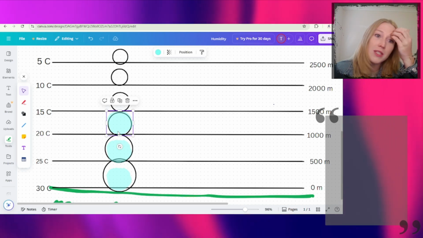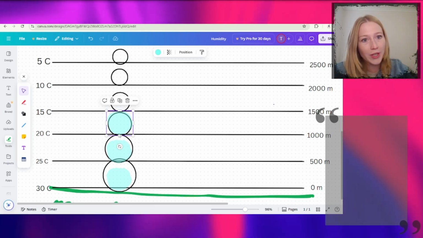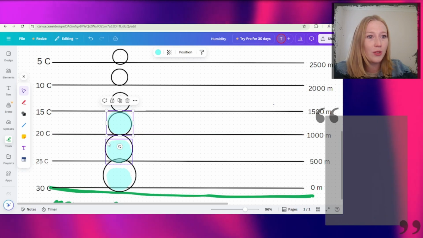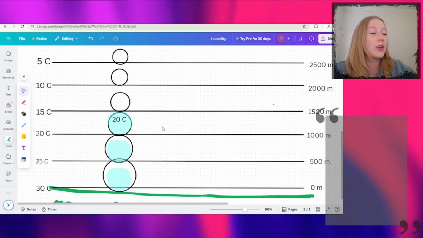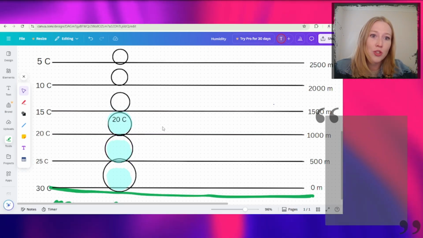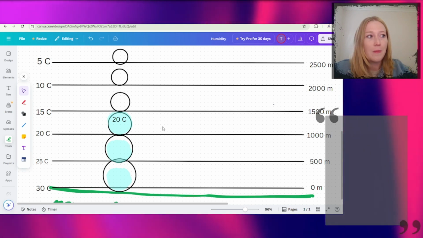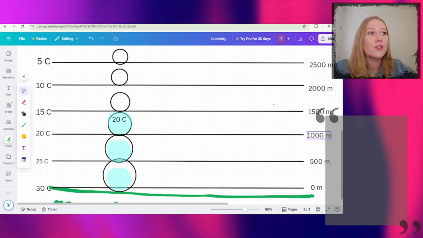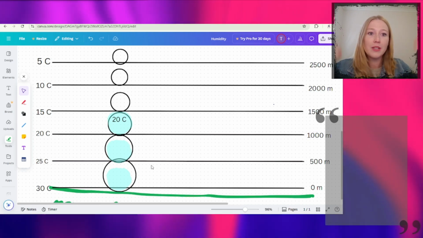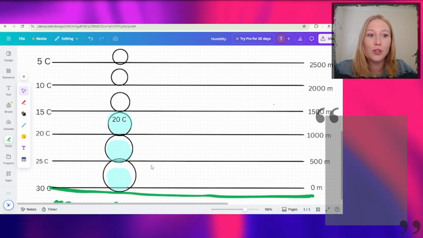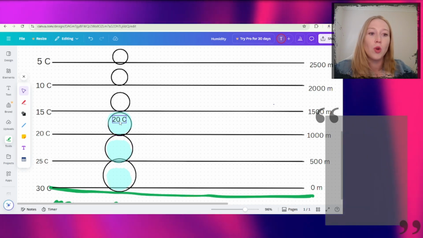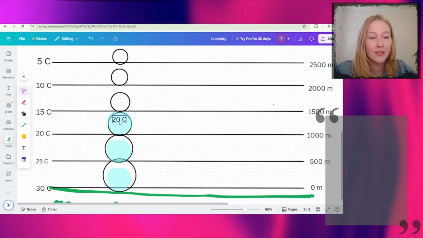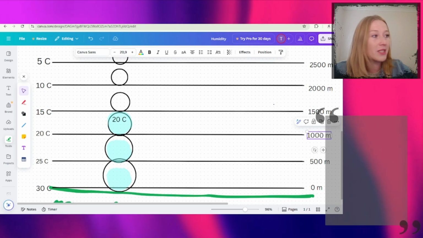For this particular parcel, dew point was 20 degrees Celsius. Another question was, where did this dew point happen? And that is where this altitude comes in. So how high up did the parcel of air have to go before it was cold enough to condense? And that is 1,000 meters.